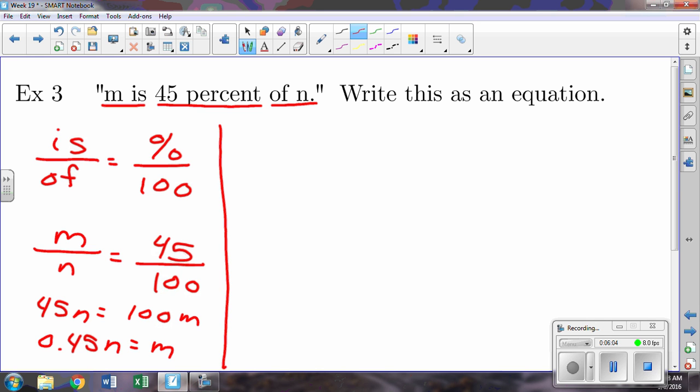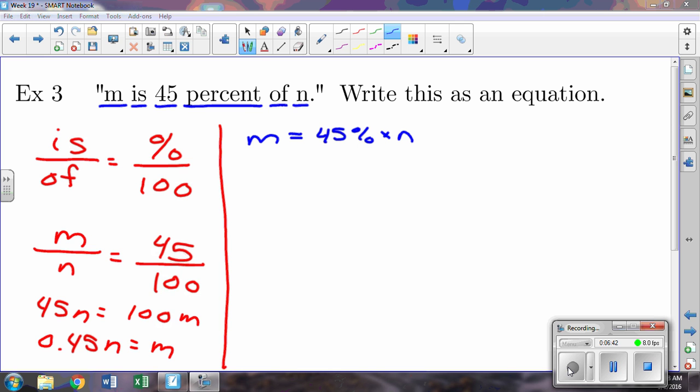You likely had teachers that showed you this could also be done reading it just one word at a time. M, so we'll write down M, is means equals, 45%, of, which means multiplication, n.